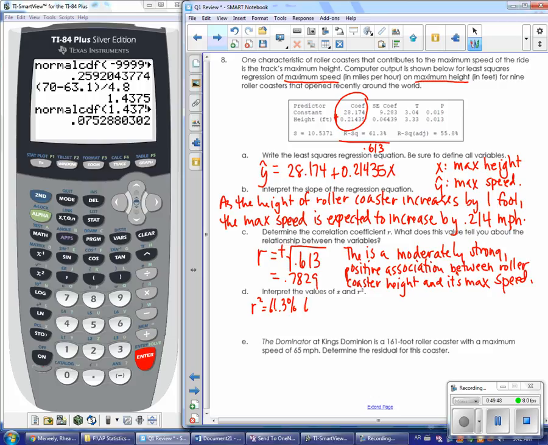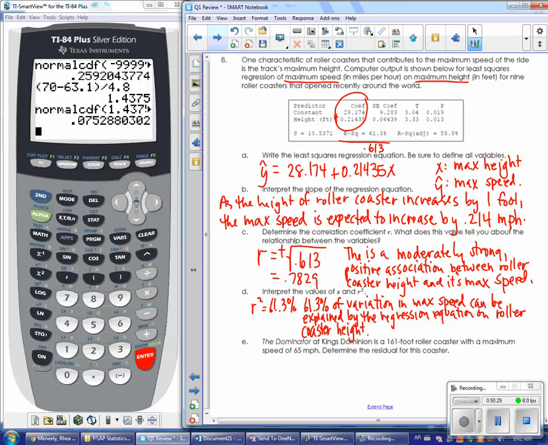And that tells me that 61.3% of the variation in the y variable, in this case the maximum speed, can be determined by or explained by the regression equation on roller coaster height.